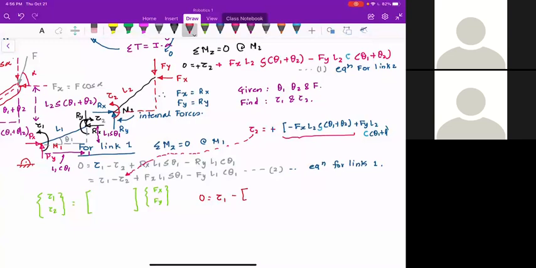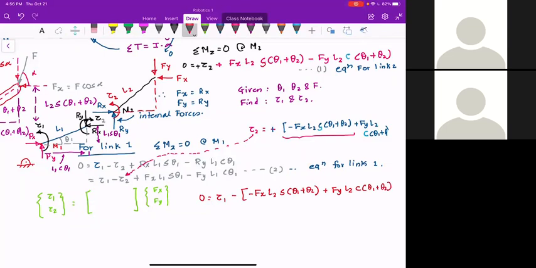Minus f of x L2 sine theta 1 plus theta 2, plus Fy L2 cosine theta 1 plus theta 2.